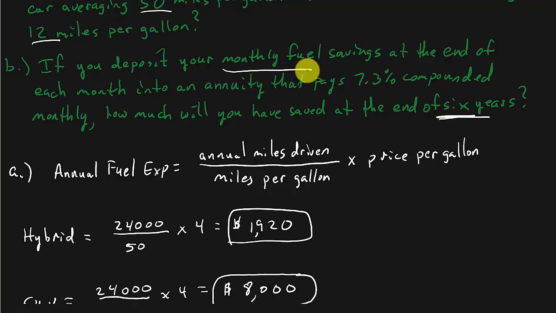Remember, an annuity is equal payments at the end of each period. So it can be equal payments every month, every year, every 6 months, every 4 months, every week, or every day if you wanted to. That's what an annuity is, equal payments.